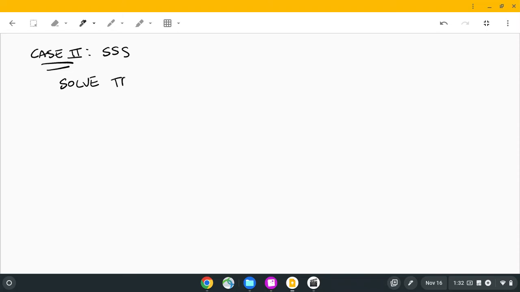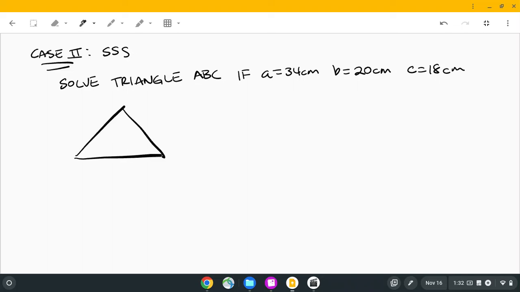Solve triangle ABC if little a is 34 centimeters, little b is 20 centimeters, and c is 18 centimeters. Okay. So I like to draw my triangle. Label it A, B, C. Little a is 34. Little b is 20. Little c is 18.